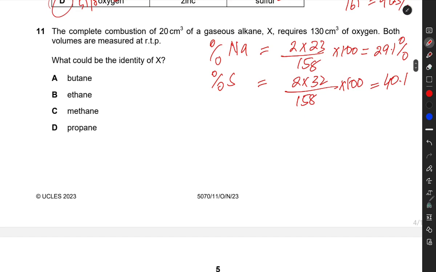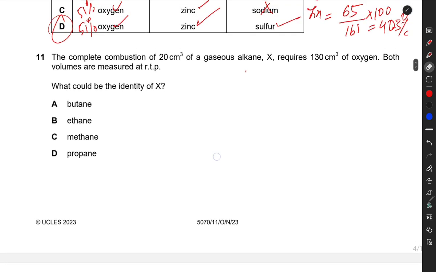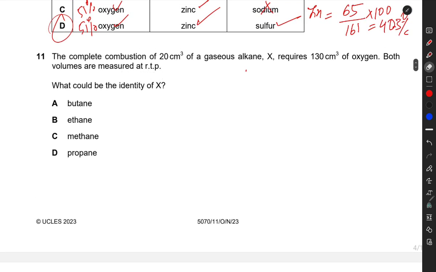Question number 11. The complete combustion of 20 centimeter cube of gaseous alkane X requires 130 centimeter cube of oxygen. Both volumes are measured at room temperature and pressure.